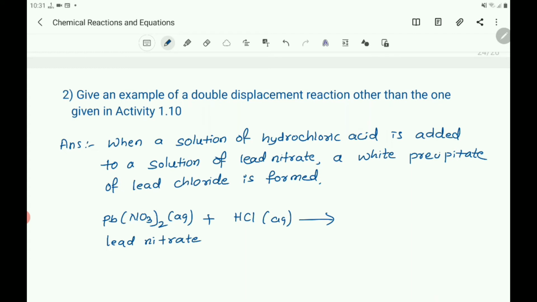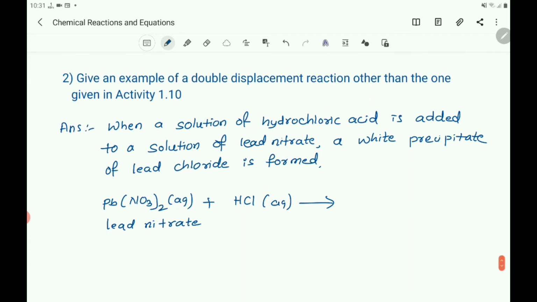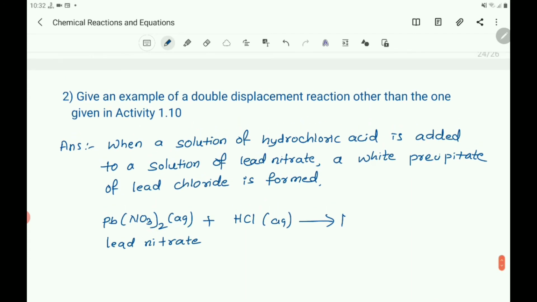These two reactants react to produce a precipitate of lead chloride, PbCl2. This is a solid as it is a precipitate, that is lead chloride, plus HNO3. Nitric acid is formed, that is an aqueous solution. HNO3 is nitric acid.